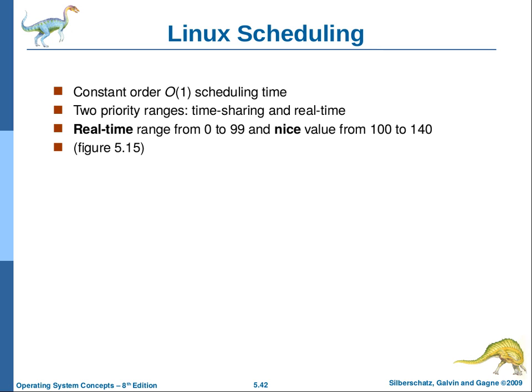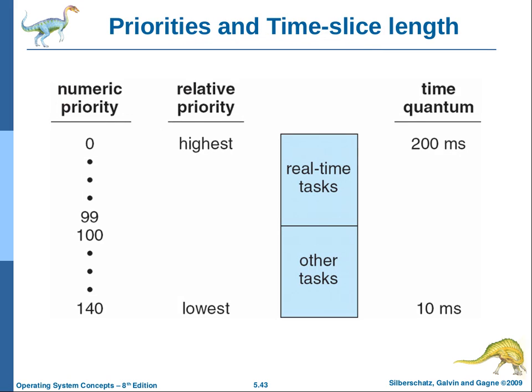All right, Linux scheduler, constant O(1) scheduling time. That's what I was talking about earlier. All the computation is O(1), so it can be fast. We really have 2 priority ranges, so the overall scheduler is a priority scheduler. You have time sharing and real time. The real time is from 0 to 99, and nice value is from 100 to 140.